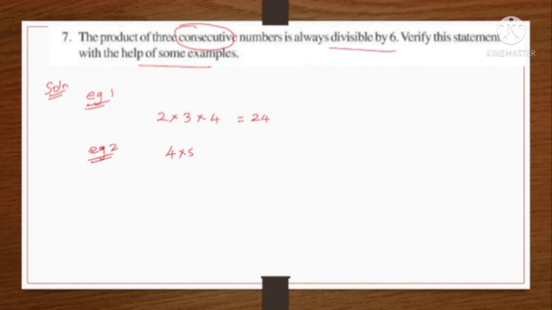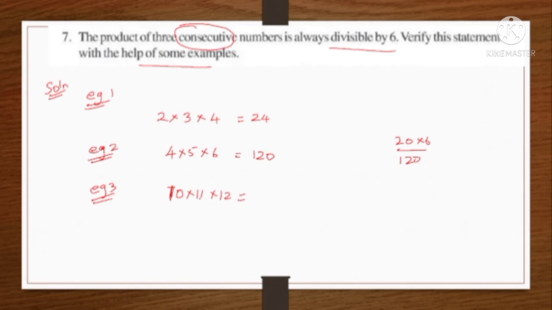Now let us give one more example: 4 into 5 into 6. 4 fives are 20, 20 into 6 gives 120. 120 is also divisible by 6. If you want, you can give some more examples. Let us choose 10, 11, 12. 10 into 11 into 12.